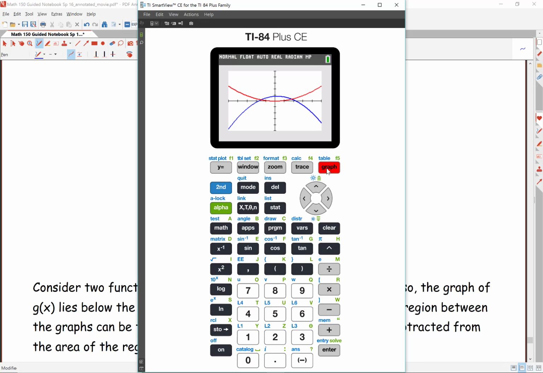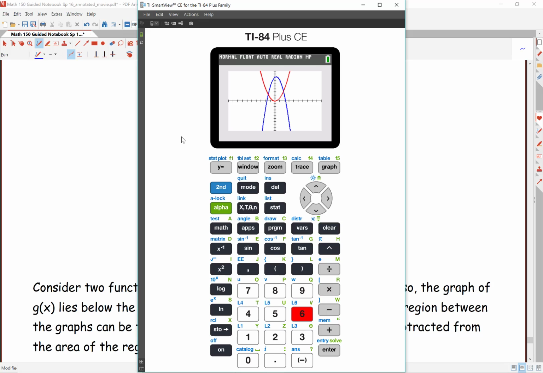And let's adjust that window to where y is going, we'll try negative 10 to 10. Or actually, let's just zoom standard. There we go.